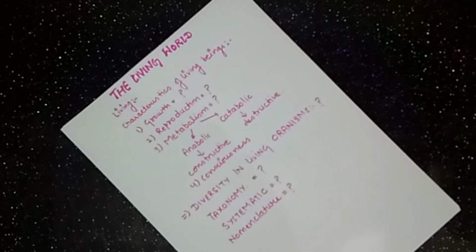Next, I am discussing nomenclature. Binomial nomenclature is given by Carolus Linnaeus. Biological names are generally in Latin and written in italics. In biological names, or you can say binomial nomenclature, there are two words, genus and species. Genus is the first word, written with a capital letter, and species is the second word, written in small letters. I am telling you one example, mango, Mangifera indica.